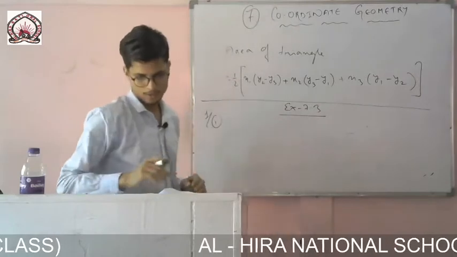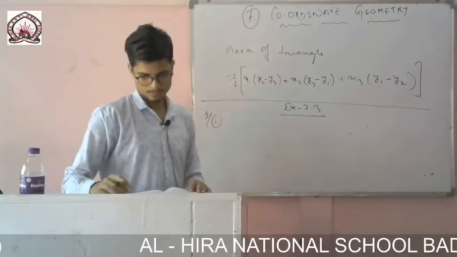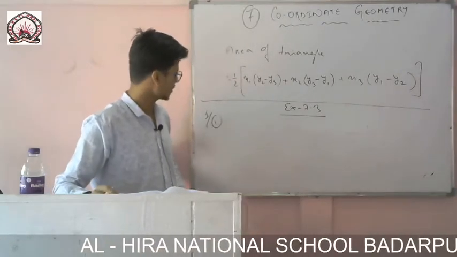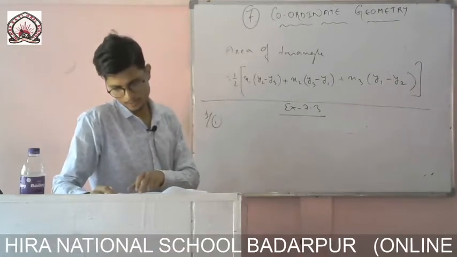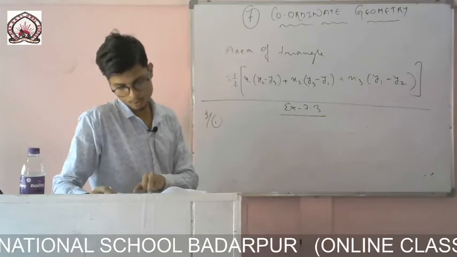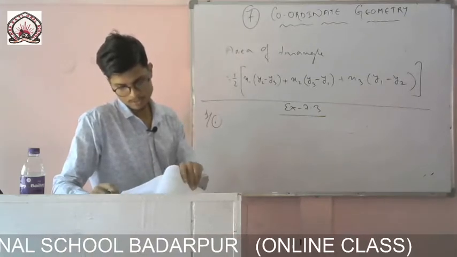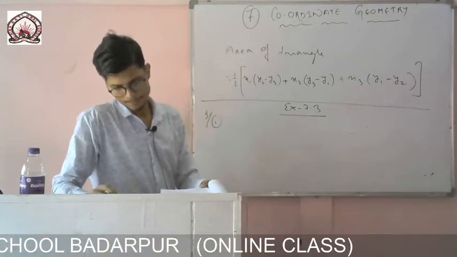Now you see here, 7.3, question number 1, Roman number 1. It is given: find the area of the triangle whose vertices are (2, 3), (minus 1, 0) and (2, minus 4).